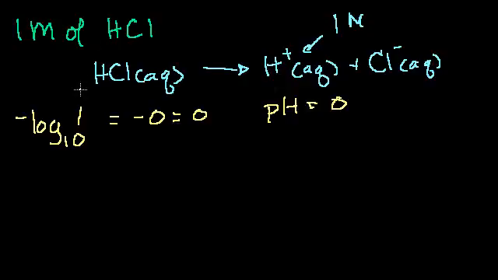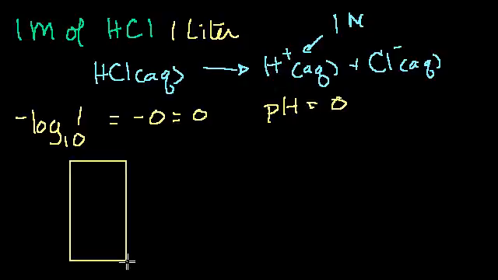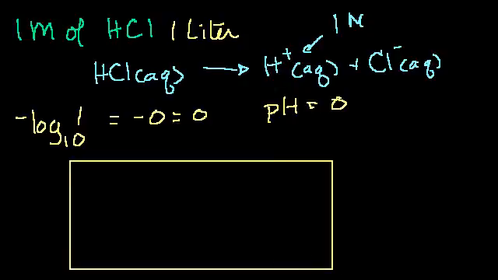And let's say, for use in the later part of this, let's say I have a liter of this. Right? This just tells me how many moles per liter. And now I just told you that I have 1 liter. So actually, you know that you have 1 mole. So let me make a little chart here. I'll make a little box here. And let's make this axis right here.